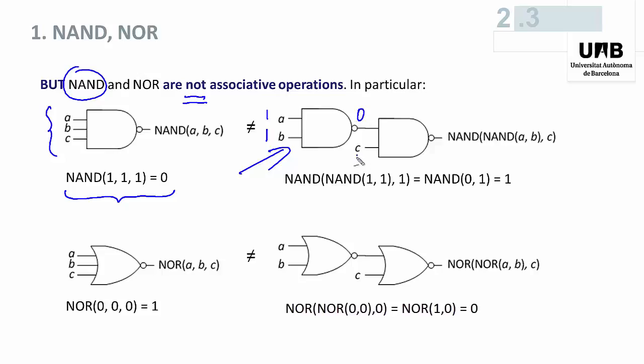If C is also equal to 1, the NAND of 0 and 1 is equal to 1, so the 3-input NAND gate generates 0, while this other circuit generates 1. And you can do the same in the case of the NOR gate. So it's very important to understand that NAND and NOR operations are not associative.